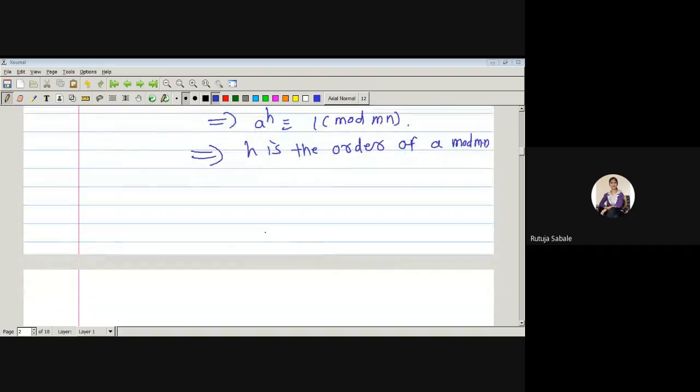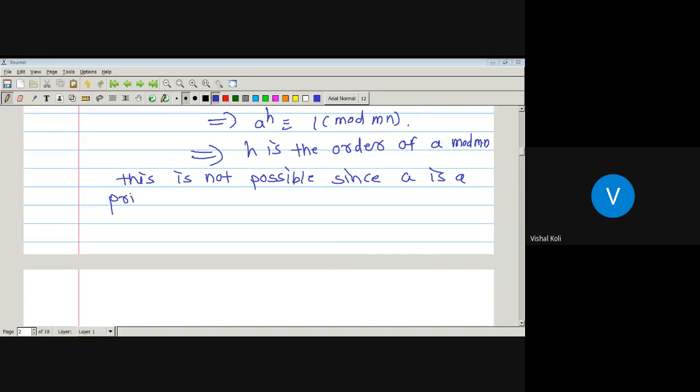No, sir. Okay, so this is not possible, since a is a primitive root modulo mn.